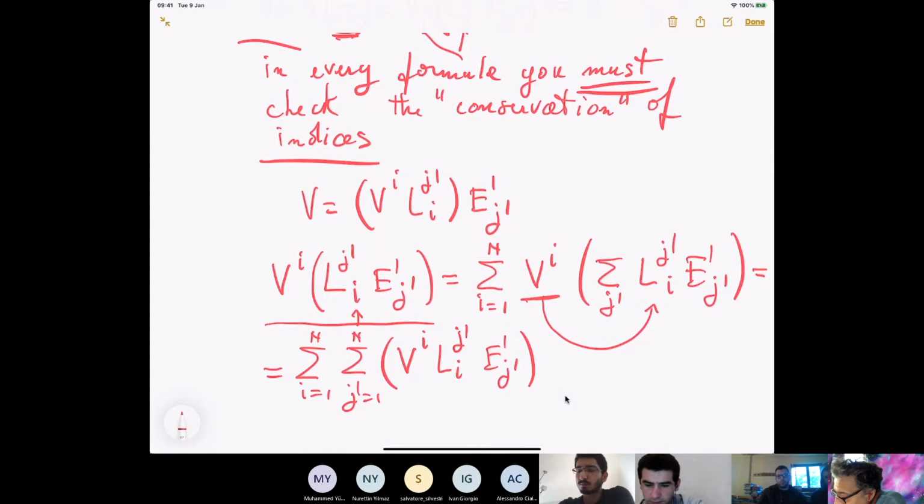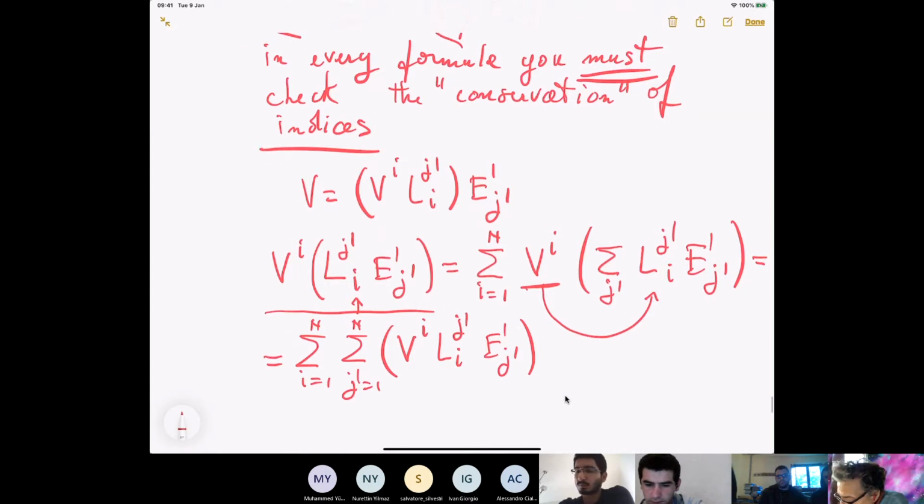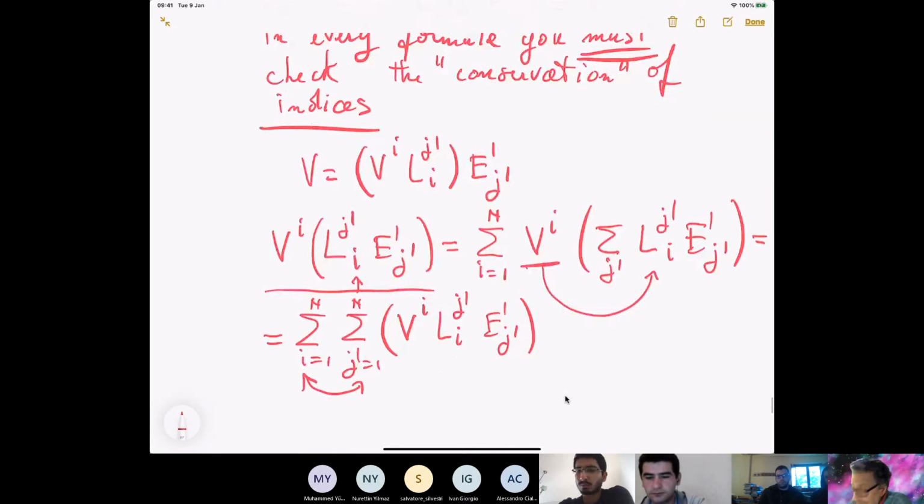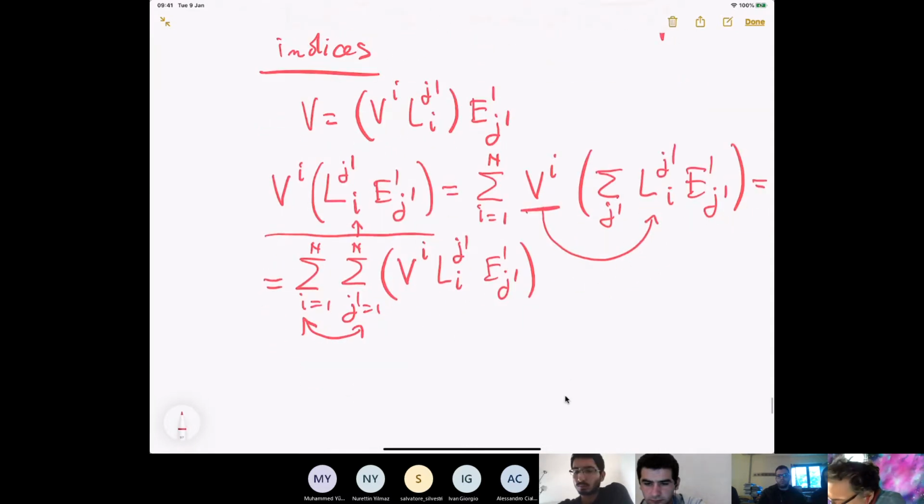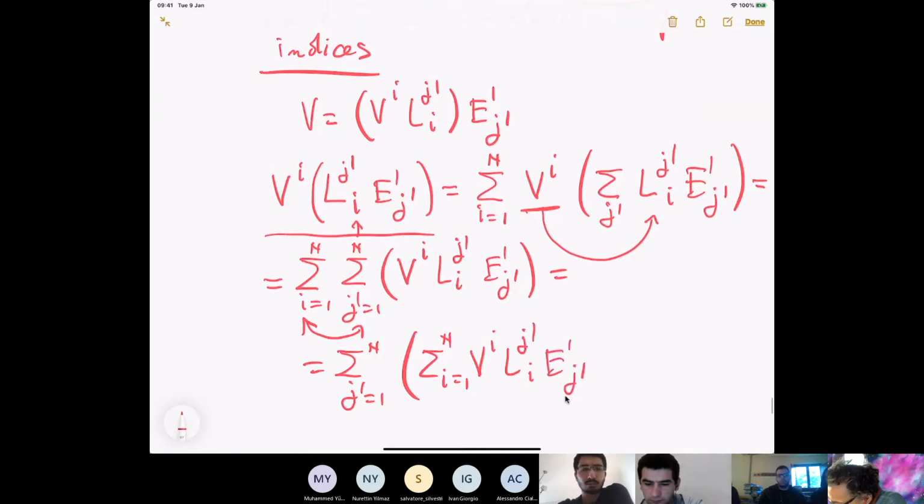Okay. Then you can commute the summation, because of the commutativity of summation, which means that you can change the order of summation as you like. And then you get summation over j' from 1 to n, summation over i from 1 to n of v_i L_j' i e'_j'.